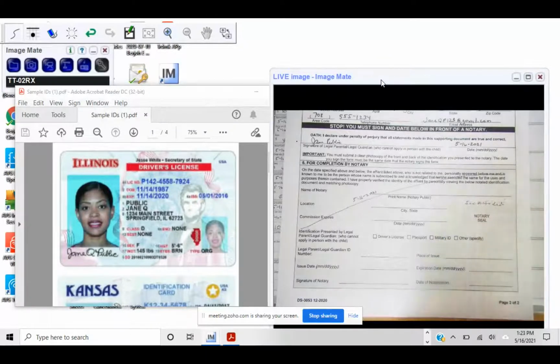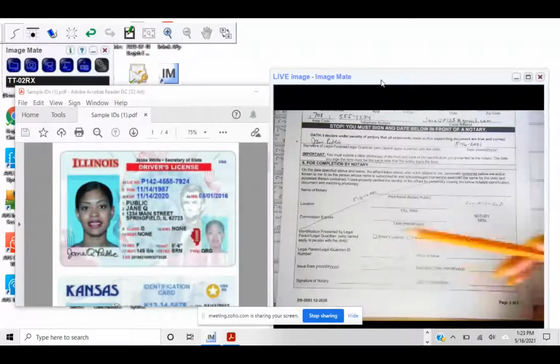So when you review this document, before you even take her driver's license information, you would let her know that we would definitely need to see James.